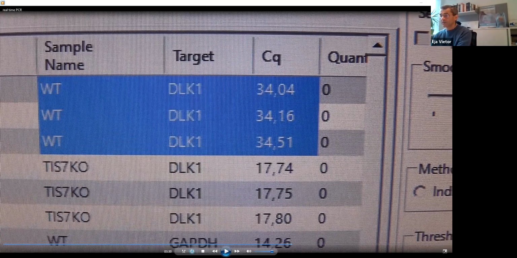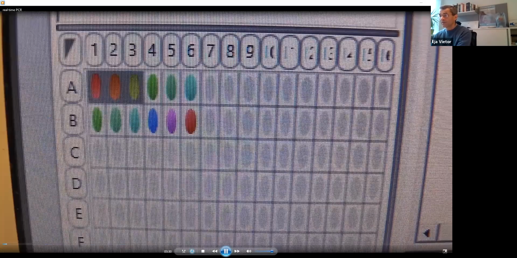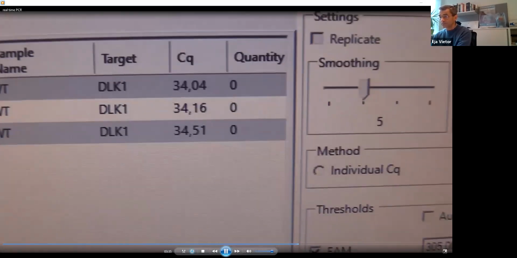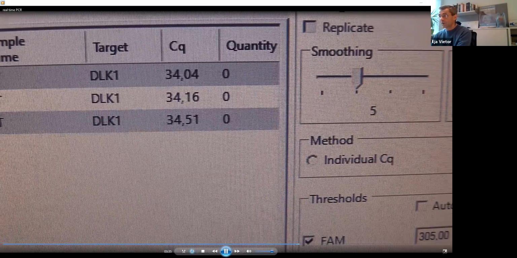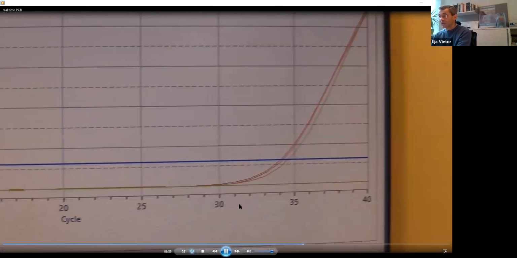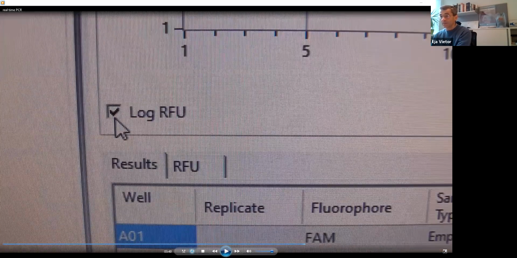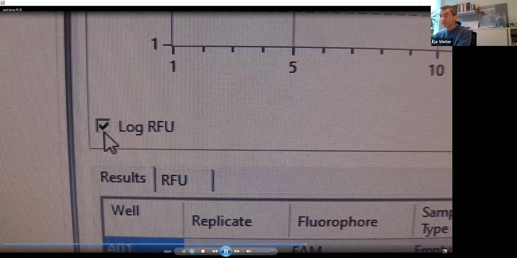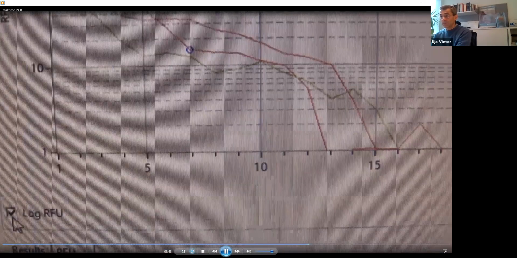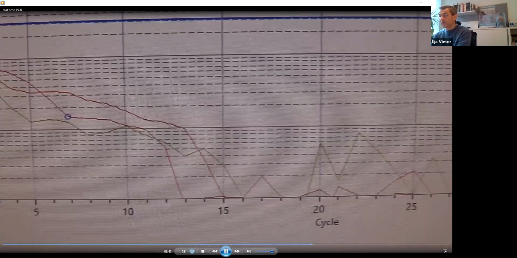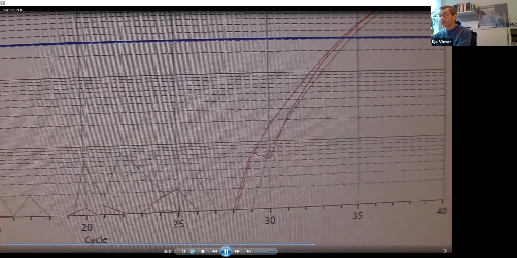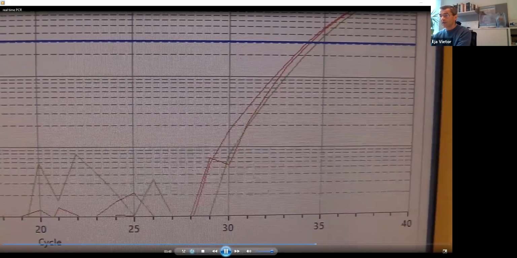Number of cycles is very high. That means the amount of our product is very low. So this is DLK1 for the wild type MEFs from wild type mouse. Logarithmic presentation, you see this is the background, and here comes the specific signal. Lines are more or less identical.